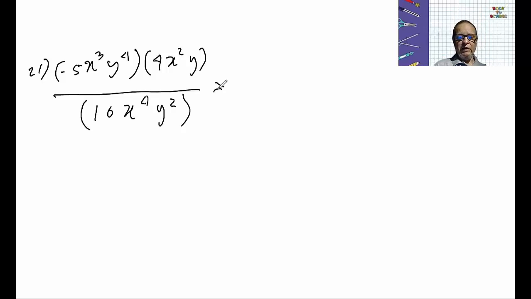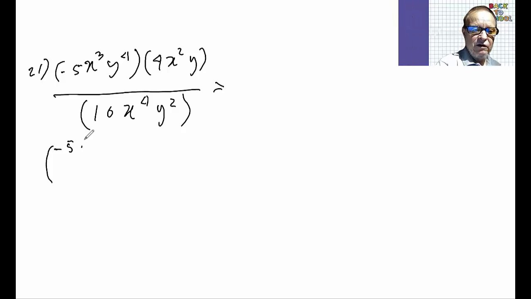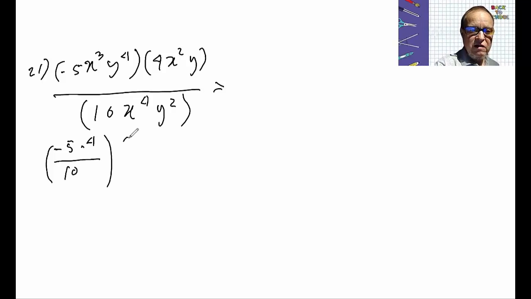So again, I'll put together a bracket with all my numbers in it. So I have negative 5 times 4 divided by 10. And then I'll take all my x's. I have an x here, I have an x here, and bottom there.